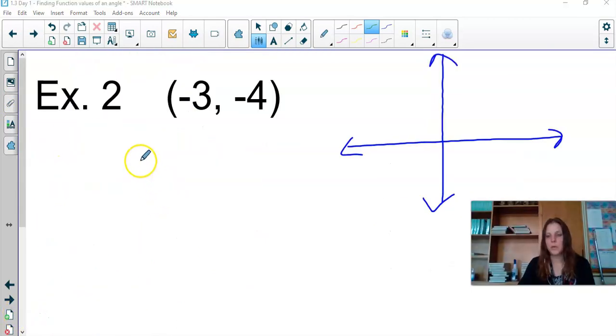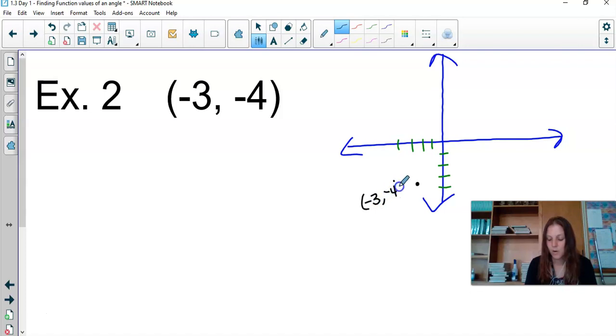So example 2 is (-3, -4). Go ahead and pause and write this down. All right, what I'm doing is drawing the diagram of (-3, -4). So 3 to the left and 4 down here. That would be approximately (-3, -4).